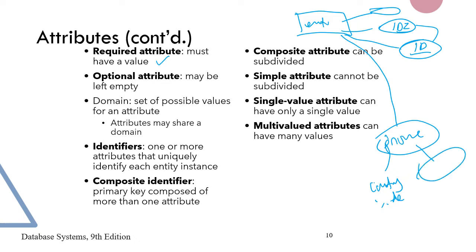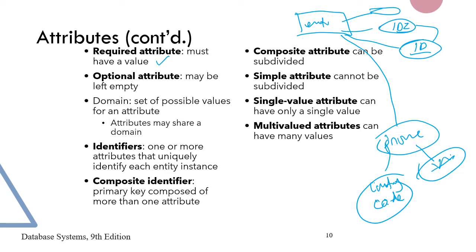So this is what we mean that attributes can be subdivided. But usually we have a simple attribute that cannot be divided. So my example of a composite attribute is phone number: we have a country code and also the phone number itself.